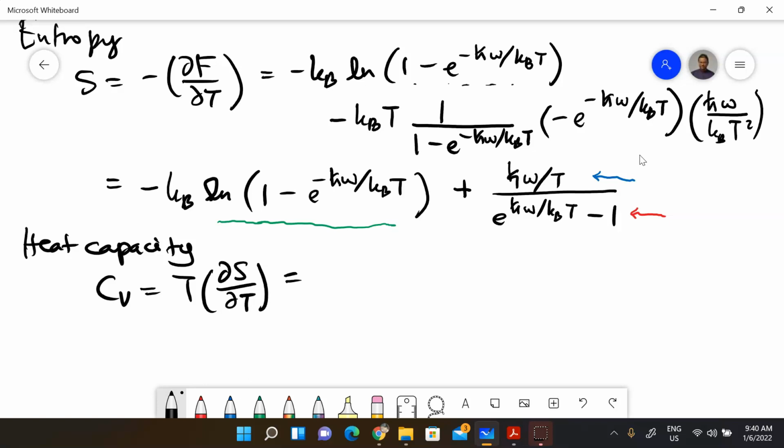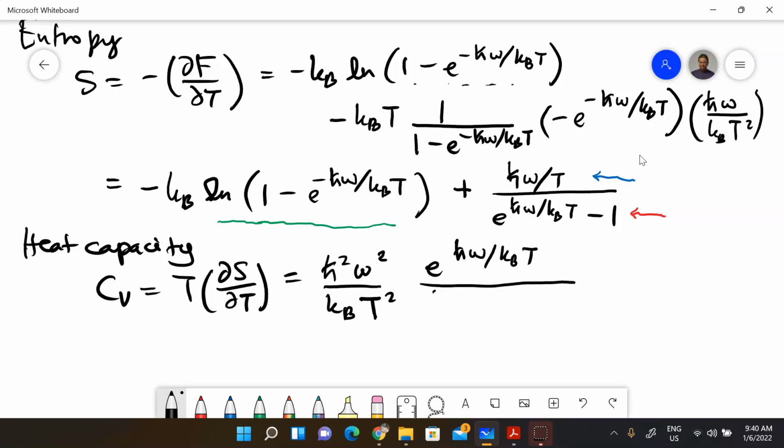After differentiating all of them, you finally find some of the terms cancel off, and then your answer reduces to the following: ħ²ω²/(k_B T²) times e^(ħω/k_BT) divided by (e^(ħω/k_BT) − 1) squared.